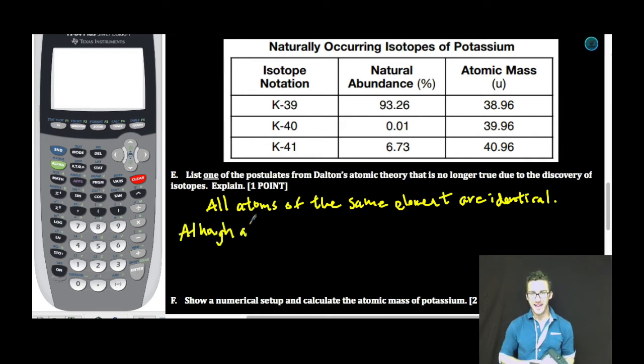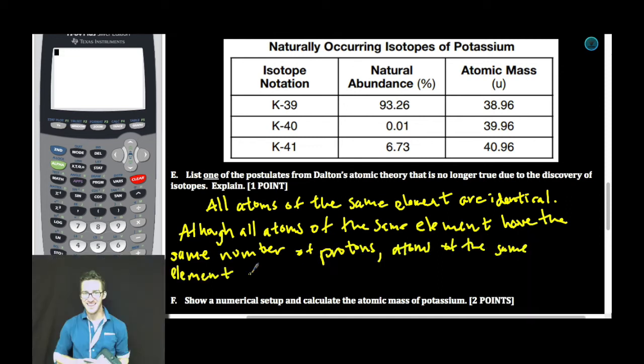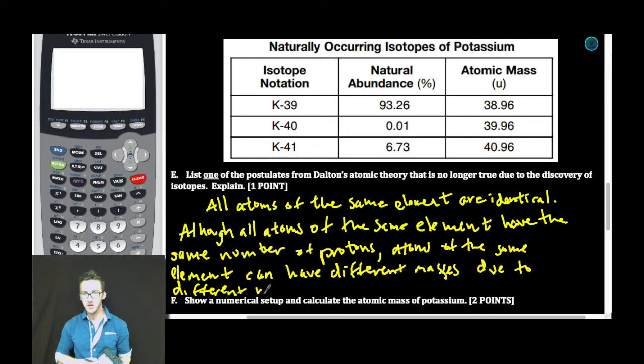Although all atoms of the same element have the same number of protons, atoms of the same element can have different masses due to different numbers of neutrons.